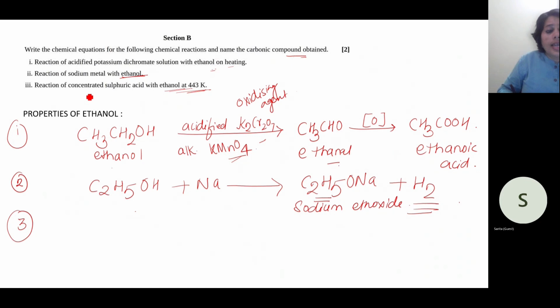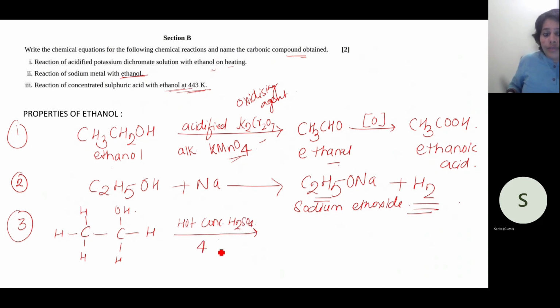Next question. Reaction of concentrated sulfuric acid with ethanol at 443 Kelvin. So write the full structure of ethanol. Whenever ethanol reacts with hot concentrated H2SO4 at a temperature of 443 Kelvin, concentrated sulfuric acid is a dehydrating agent.